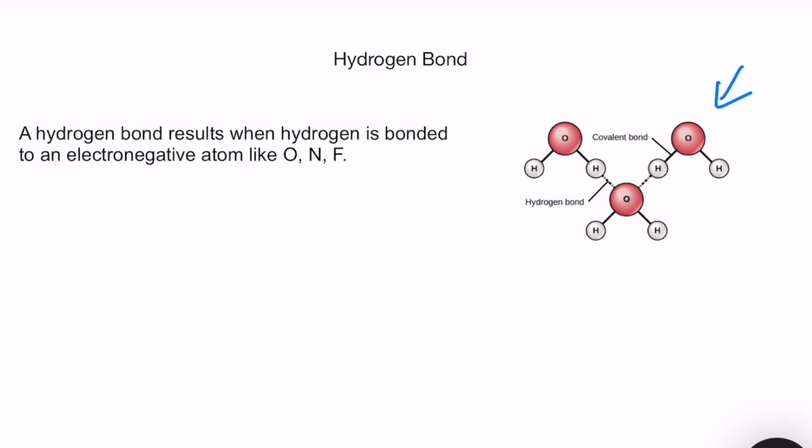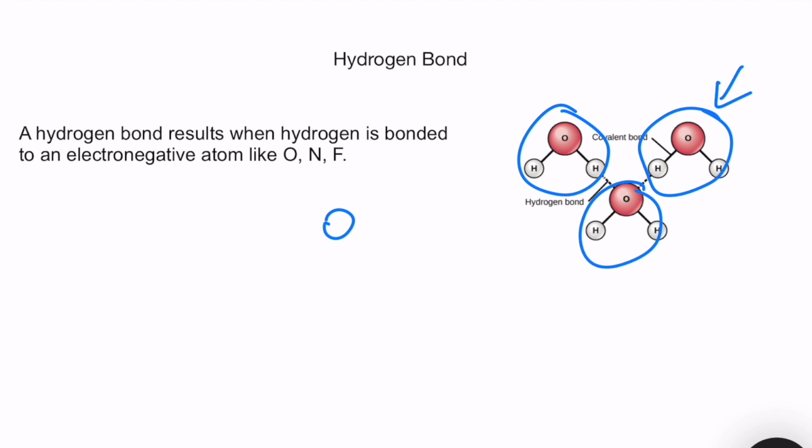Here we're looking at 3 molecules of water. So this is 1 molecule of water, 2nd molecule of water, and 3rd molecule of water. So when we look at one individual water molecule, the oxygen is bonded to the hydrogen through a covalent bond. In other words, they are sharing an electron pair.